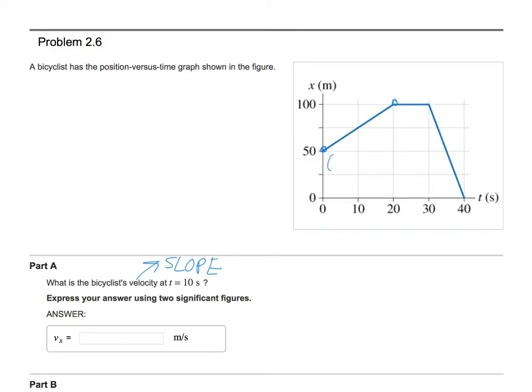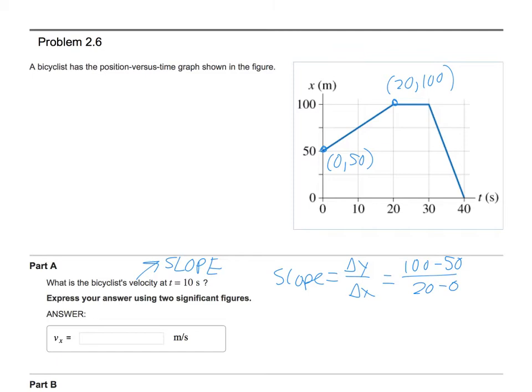So I'm going to pick points here. We have 0, 50, and we have 20, 100. So my slope is going to be change in y over change in x. So we have 100 minus 50 over 20 minus 0, which ends up being a slope and therefore a velocity of 2.5 meters per second.